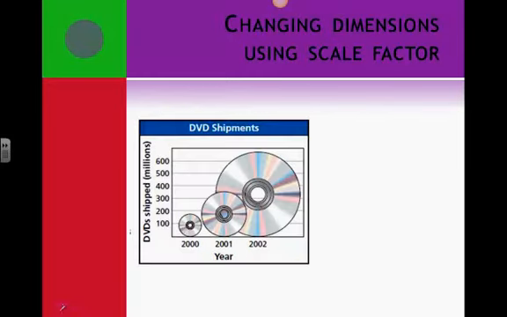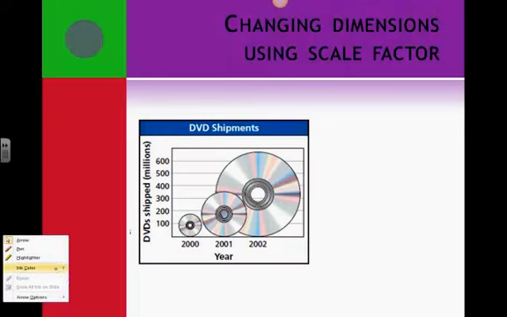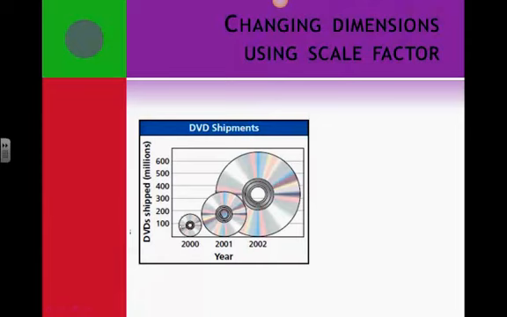So what we're really going to be taking a look at in this particular lesson is what happens when you take this circle, like this little CD that's in this chart here, and you measure the radius of this circle. Now what if we take that circle and multiply its radius by a scale factor?